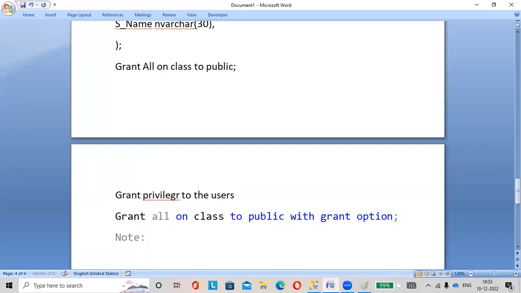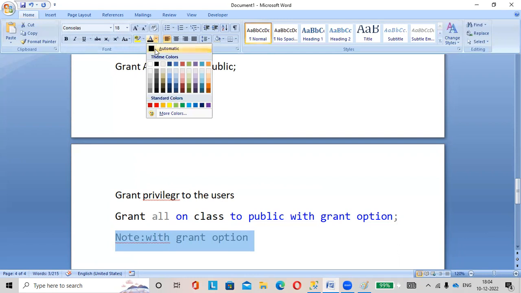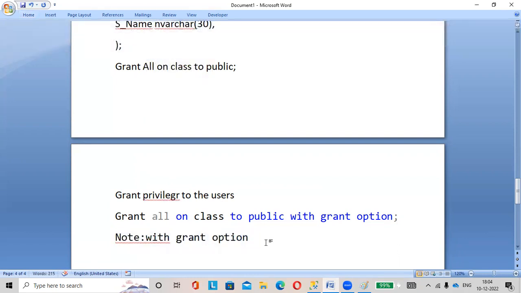Note: with grant option, the granted user has the privilege to grant to other users.